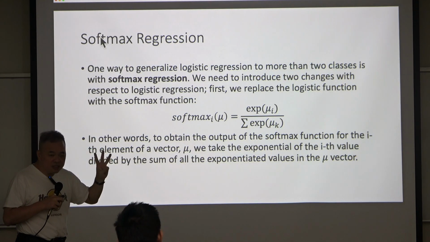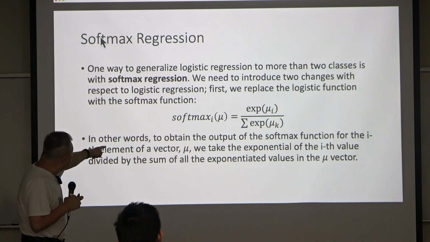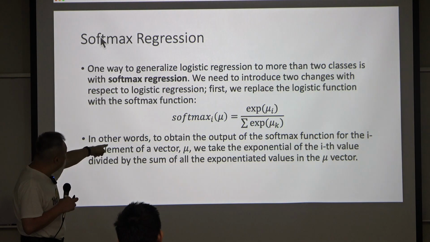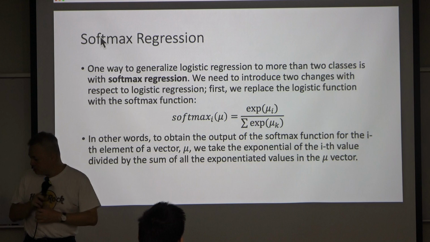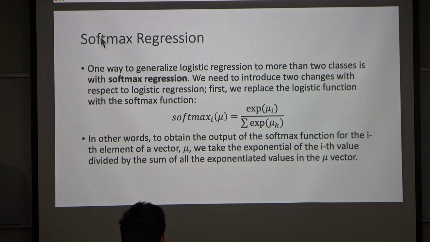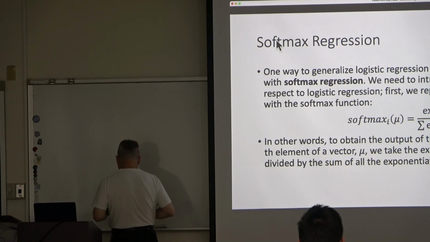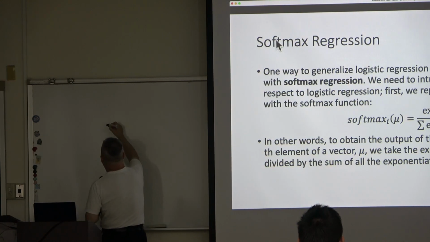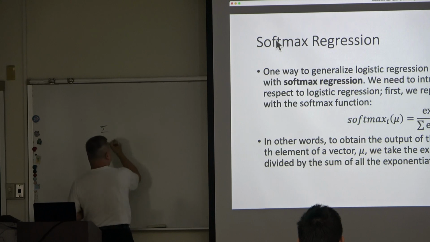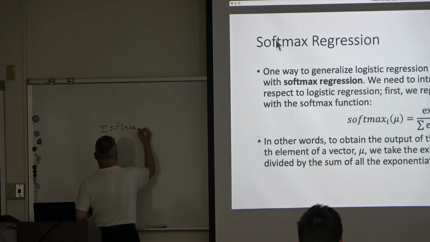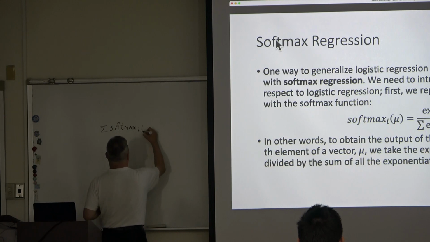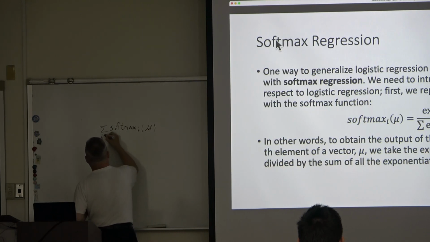The third thing you can observe is that the sum of all the terms of softmax i of mu, with i from 1 to n, is going to be 1.